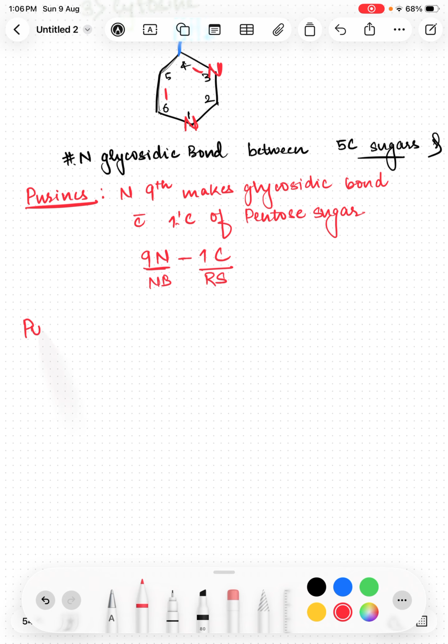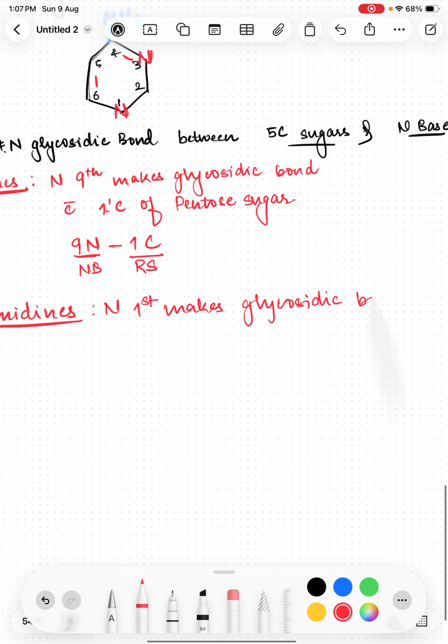Whereas in case of pyrimidines, the nitrogen present at the first position will make a glycosidic bond with the first carbon of the pentose sugar.